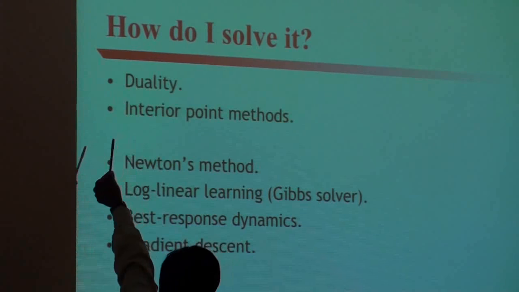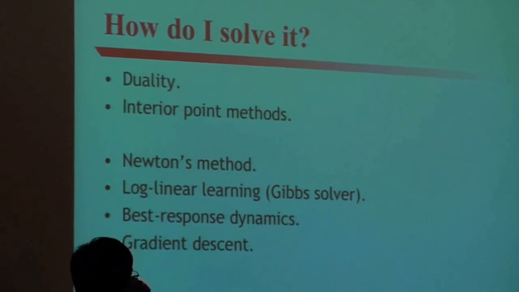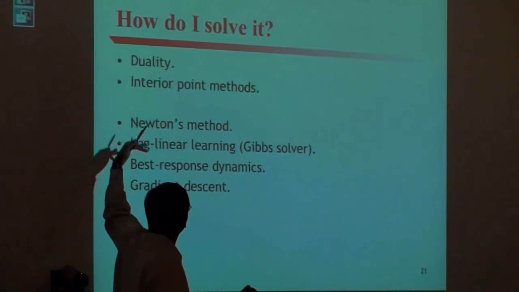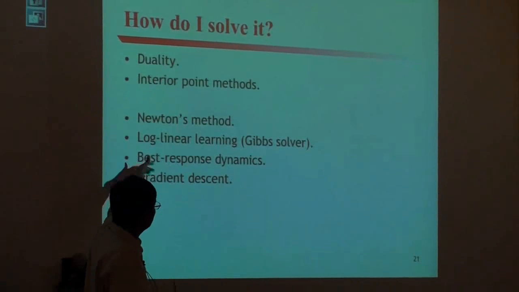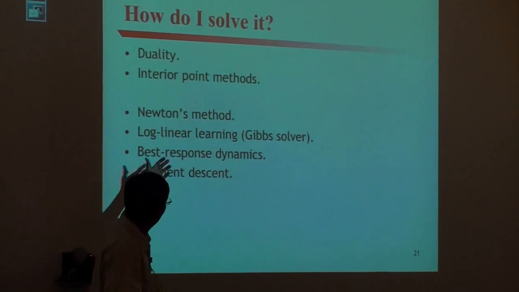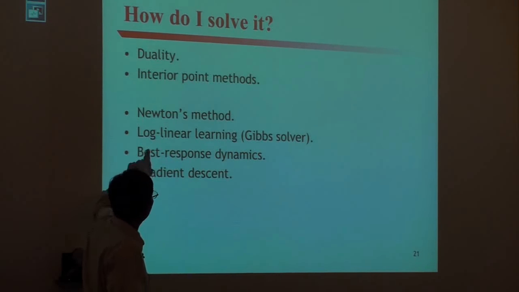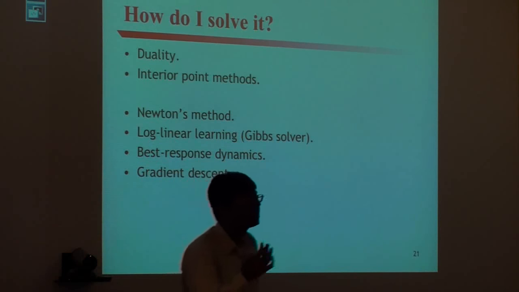The other methods, which I've put down here, are basically distributed methods. So there's Newton methods, there's log linear learning, best response, which means do the best thing given the state, gradient descent, and so on. What I'm going to describe is actually a coupling of these two, which is particularly suited for this.